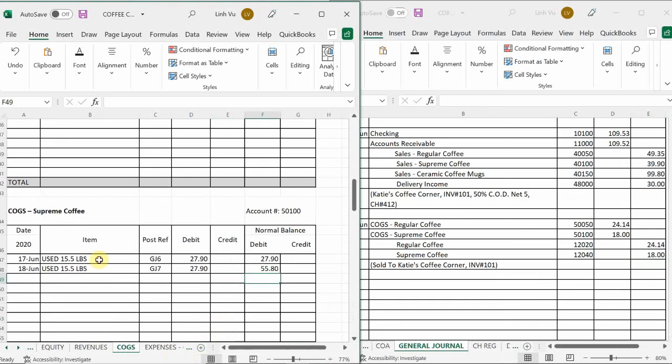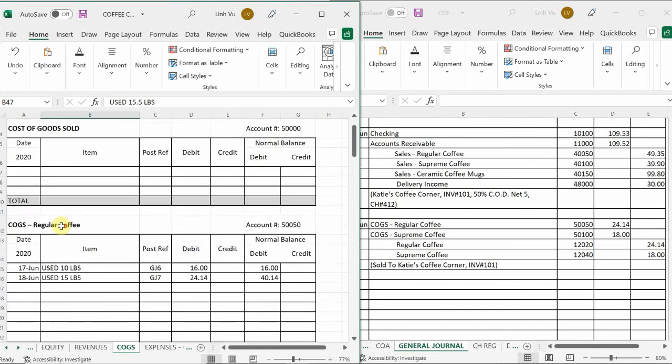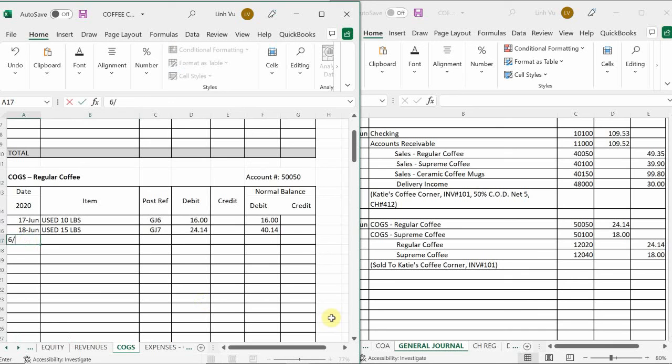Starting with the cost of goods sold, right? So if we sold 15 pounds at $24.14, how much is my ending balance in my cost of goods sold for regular coffee? 64.28. Good.